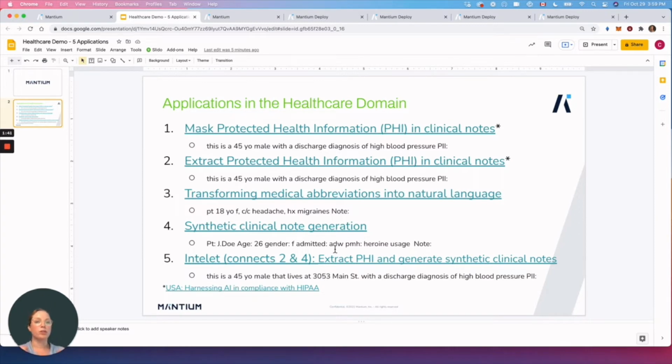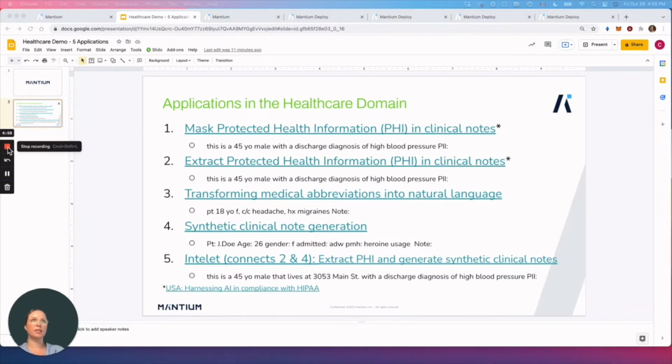And then when you're synthetically creating this note, it will not include the person's home address in it, but it will include the features that you would like for it to synthetically create notes for. So this is a very powerful way of connecting 2 applications together.